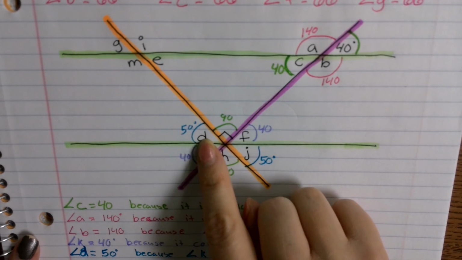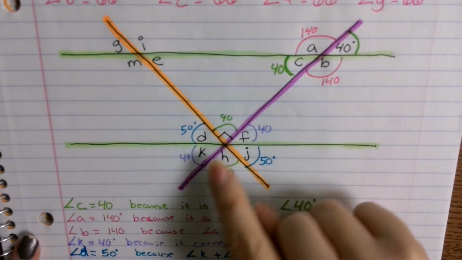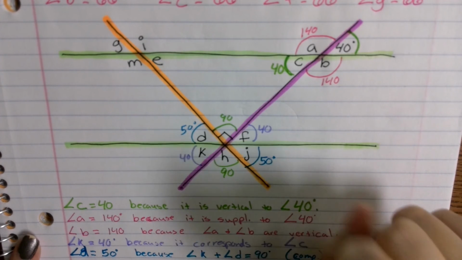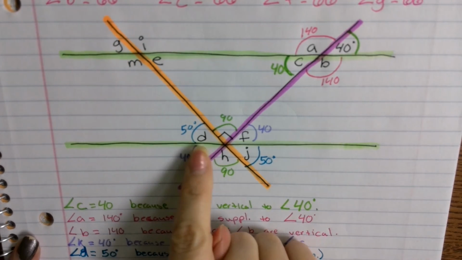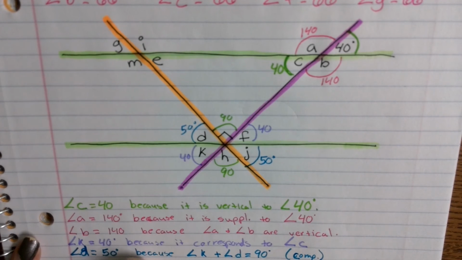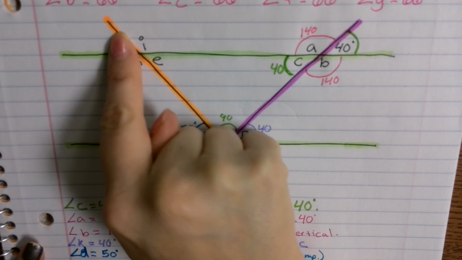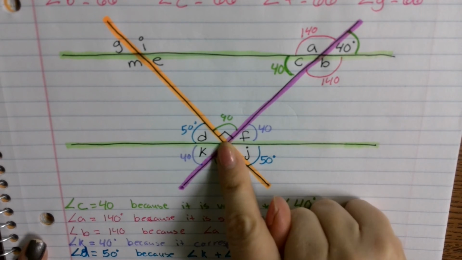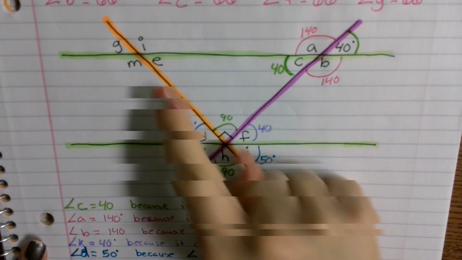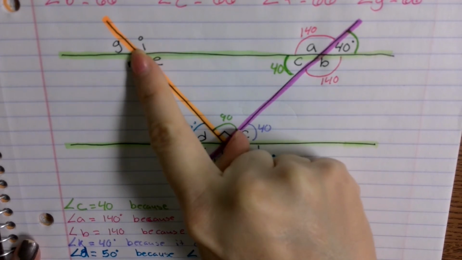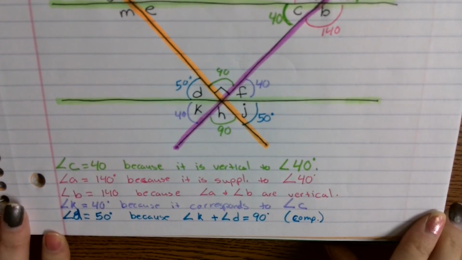D and I don't have a relationship to each other. But G and D have a relationship to each other. See how they create this acute angle with the green and the orange? Here's also a green and an orange acute angle. So G and D would relate to each other. What relationship is that? Corresponding.